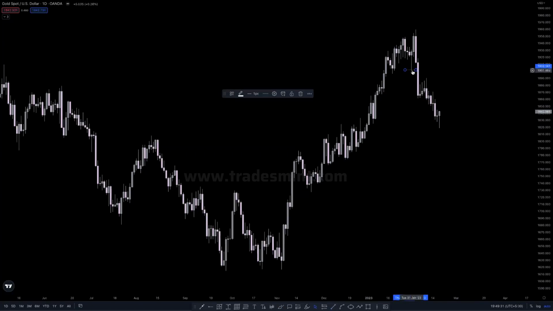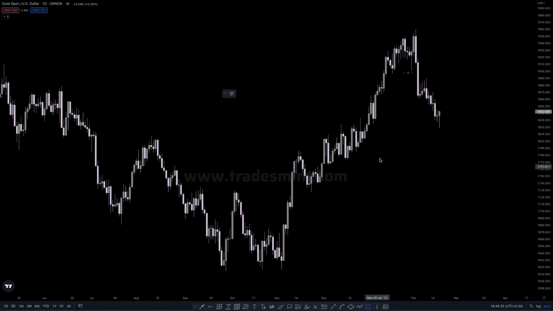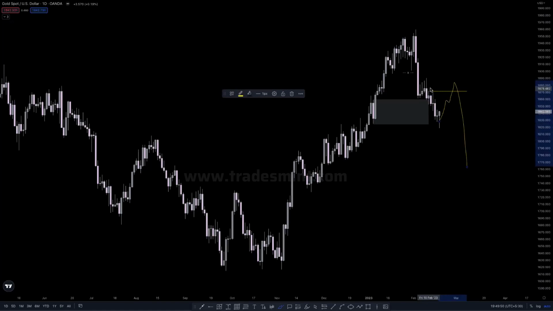After taking out this inducement, price mitigates your demand zone here, gives you momentum and fills. So generally, we can expect momentum to the upside short term and then sell. This is our pullback, continues higher and fails, and mitigates this shadow, then a possible move to the downside. So this is our daily time frame structure.